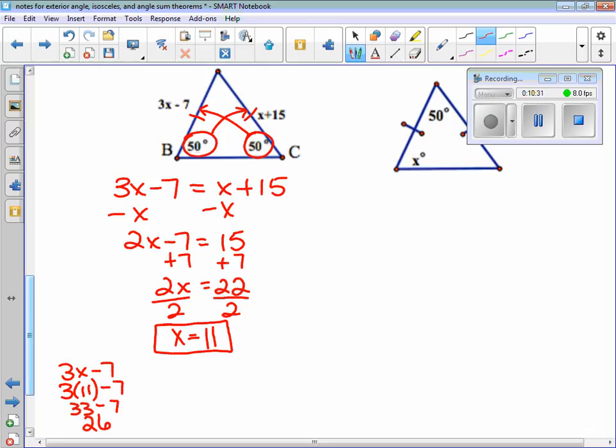Well, our other side is x plus 15. We found x equals 11, so we plug in 11, and 11 plus 15 is 26. 26 is equal to 26, so we know we've done it correctly.